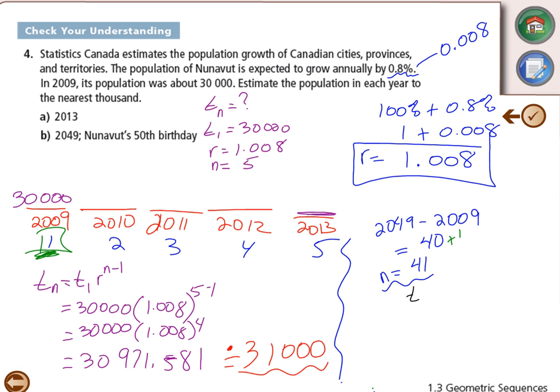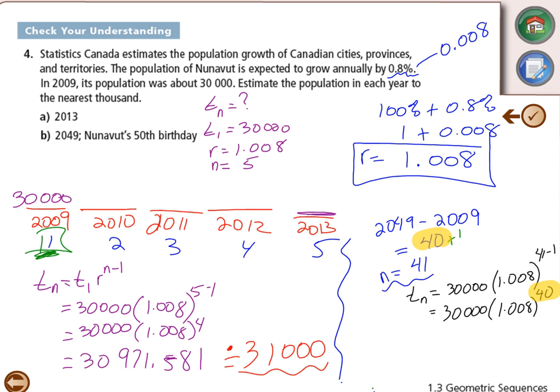Plug her in again. So Tn equals 30,000 times 1.008 to the 41 minus 1. This 40 here is actually the 40 you get when you subtract.